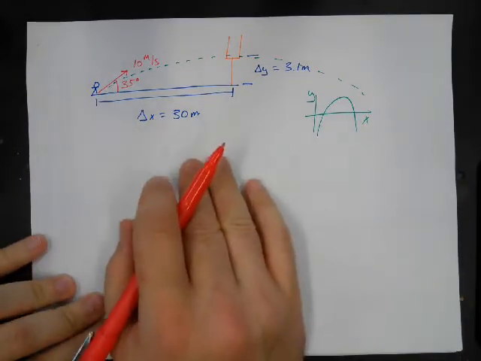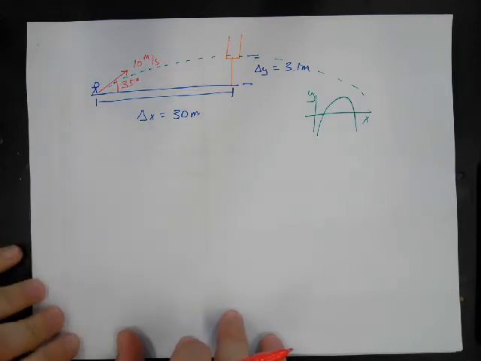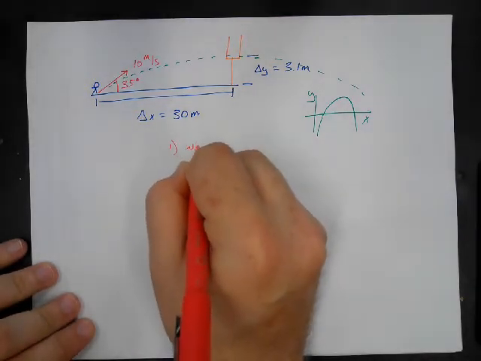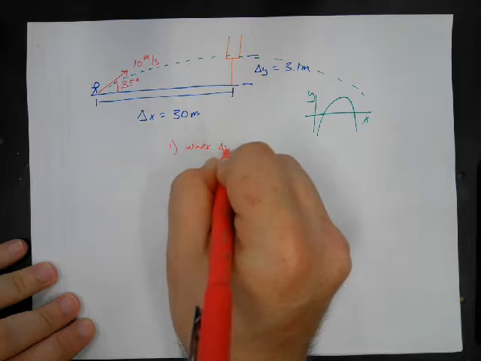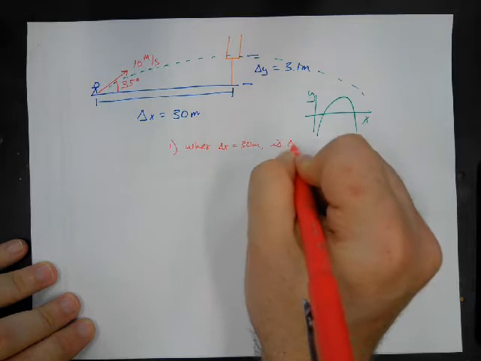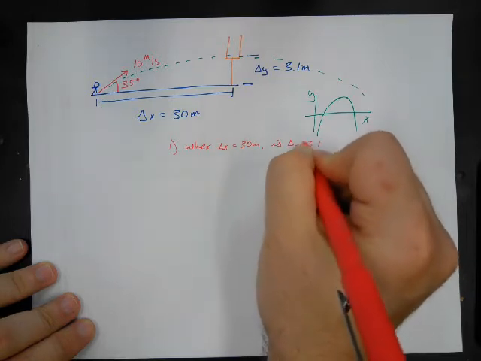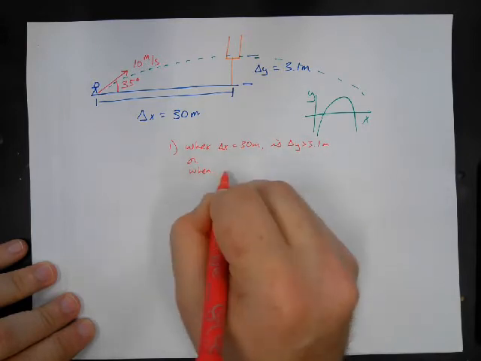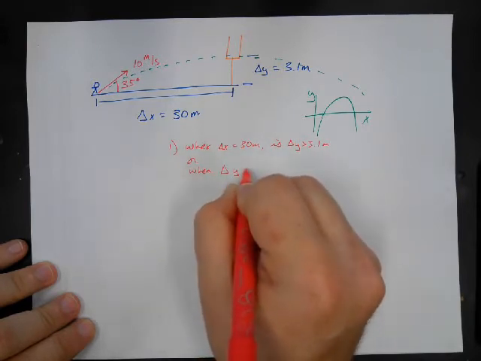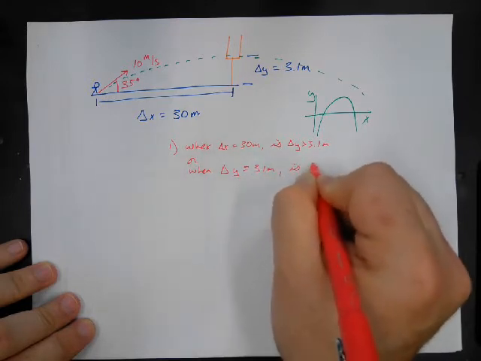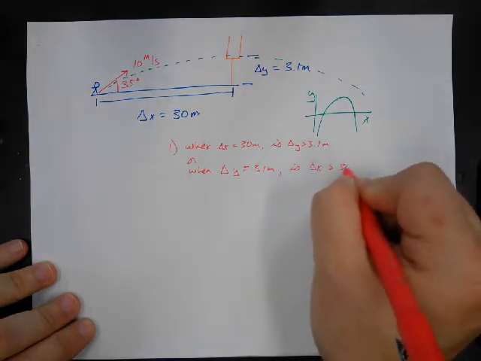All right, so what we need is to organize our information, the same way we did before. And we can ask a couple of questions. One, when delta x is 30 meters, is delta y 3.1 meters or larger? Or, when delta y is equal to 3.1 meters, is delta x ever larger than 30 meters?